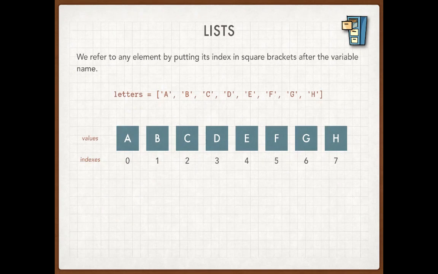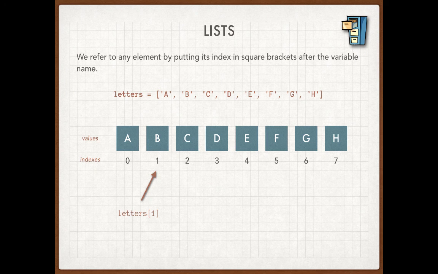All right. I can refer to any drawer in the filing cabinet by putting its index number inside square brackets. So if this is the list that I have created, I can refer to the 1th element, that is to say B, by putting the name of the variable, that is to say letters, and then no space, and inside a square bracket, put the index number itself.